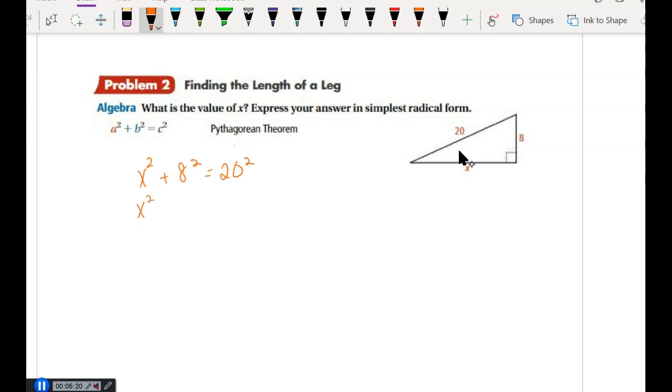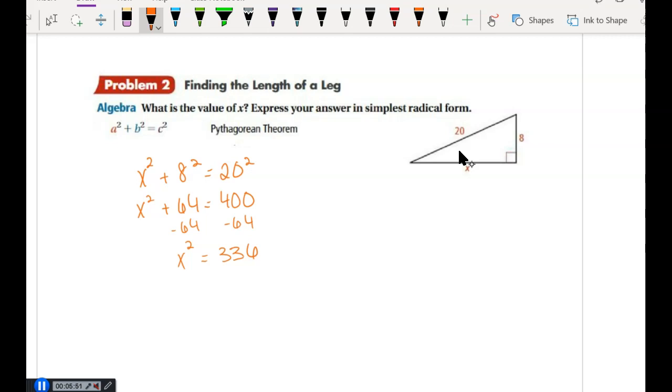So x squared plus 64 is equal to 400. So now I'm going to subtract 64 from both sides. So I get x squared is equal to 336. So the first thing I'm going to do is see if I can take the square root of 336 exactly.